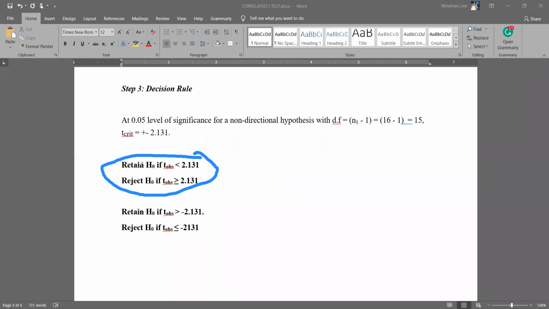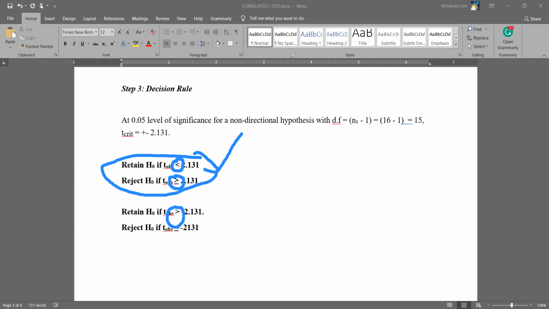When it was retained, it was less than. But with the negative one, when it was retained, it became greater than. So if I were you, I would first try and grasp understanding on the positive one. Even when my hypothesis is formulated in a negative direction, I'll jot the positive one somewhere. Then the only thing I'll do is change the signs.